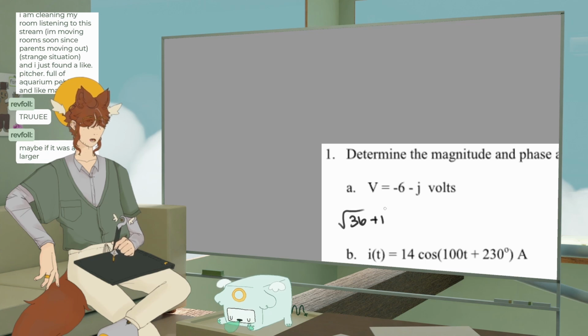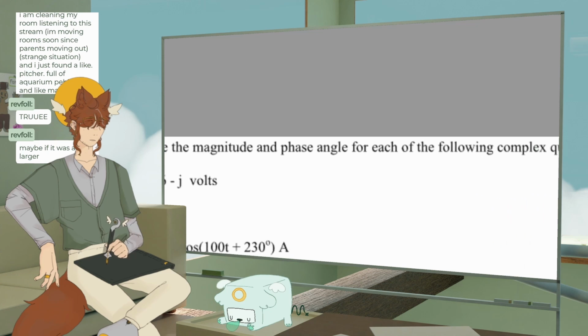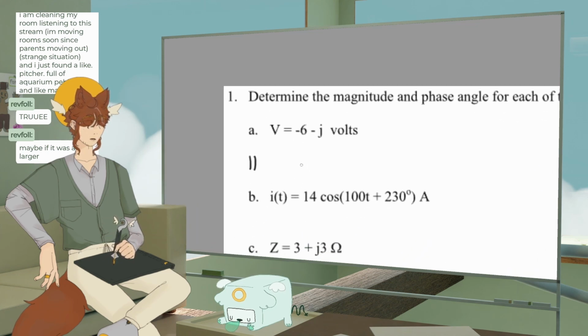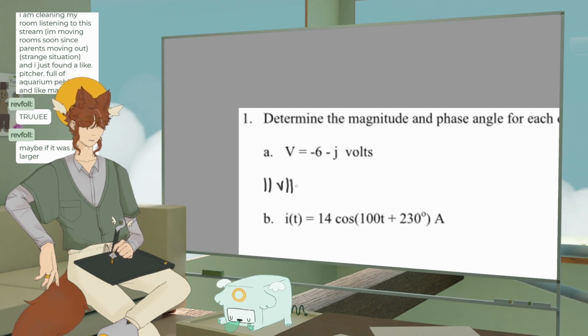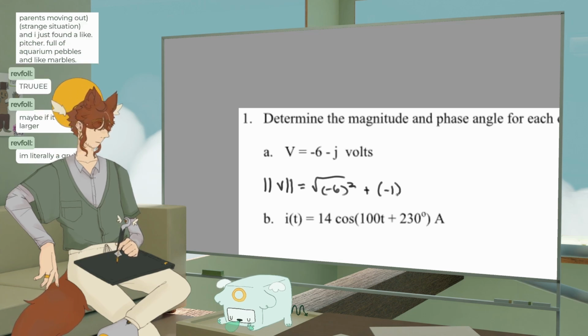I think this is the magnitude. So, I don't know, we'll say magnitude of, would it be V? I don't really know. I'm gonna say magnitude of V. So we'll say like negatives, I'll write my work out. Not that I think it matters, really.